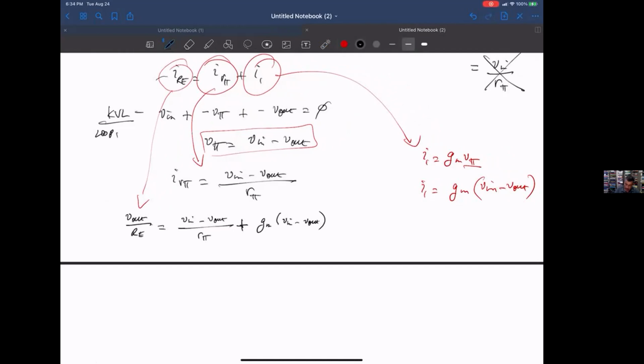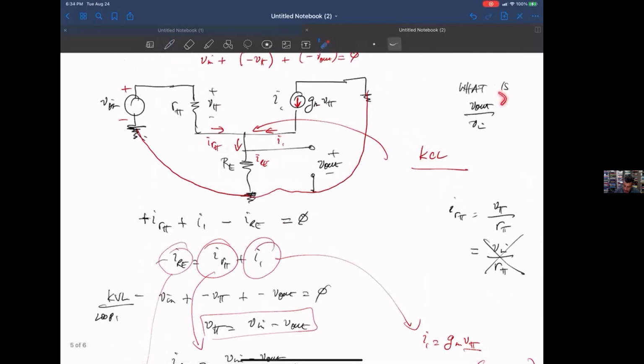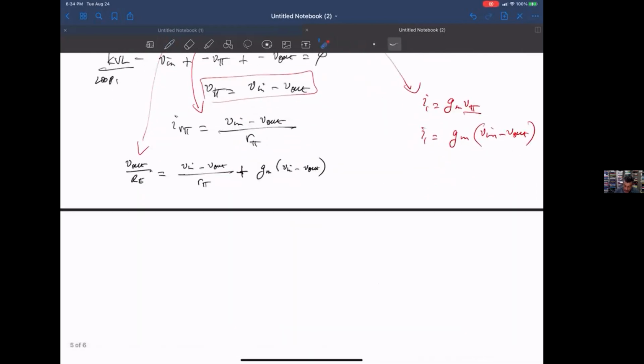Okay, so now the good thing is we have everything in terms of V out and V in, which is what we want to solve for. So the rest of this job is just to move stuff around to get things in the ratio of V out over V in. Let's remember, we want to find V out over V in.